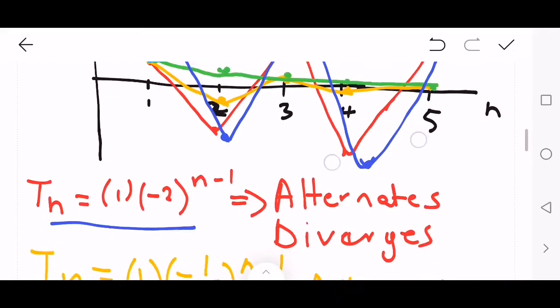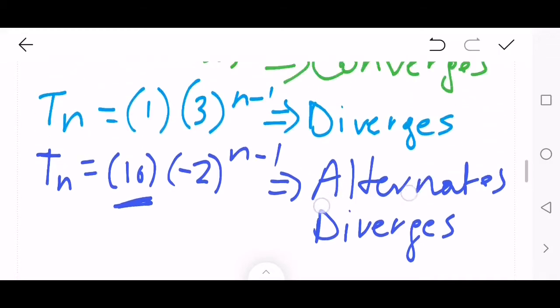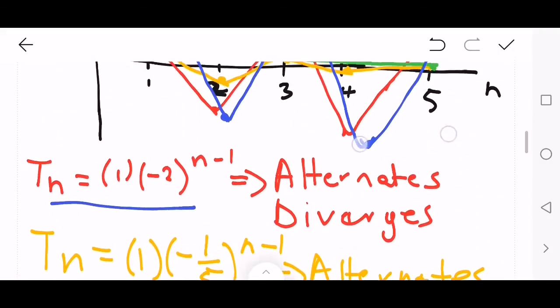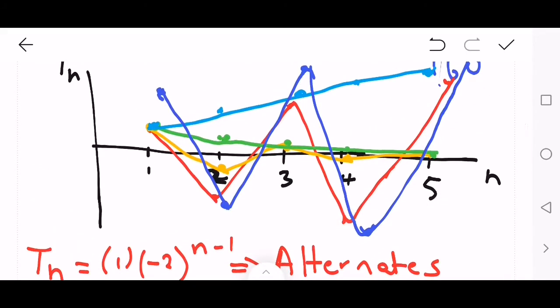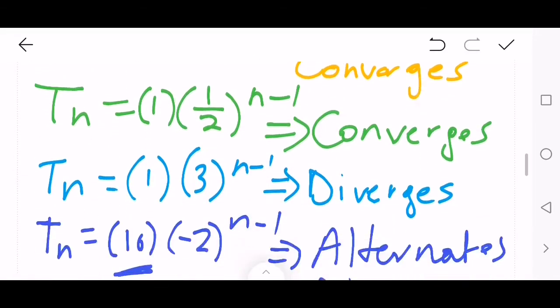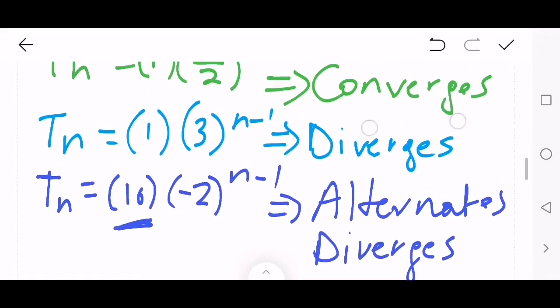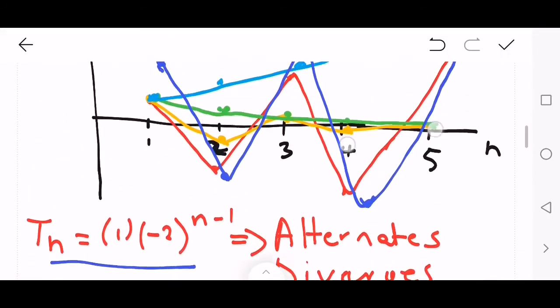So we can say that changing the value of a will only change how big the values are in the sequence, or we can say it changes the amplitude of the sequence.